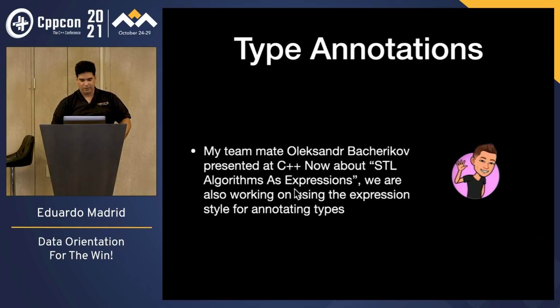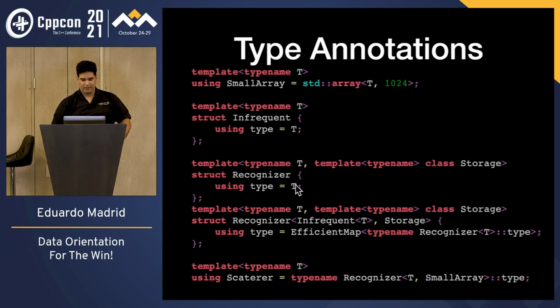Pretend that here it says a storage of T. If it is a pattern that it recognizes, like for example infrequent, then it's not going to do storage of T, but it's going to do an efficient map of whatever that recognizer would recognize, because you can have several decorations, right? So you have to recognize them all, so this would be to do it.